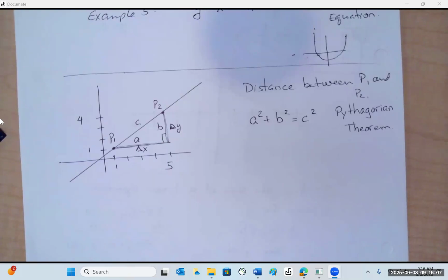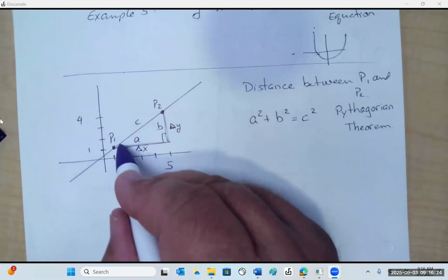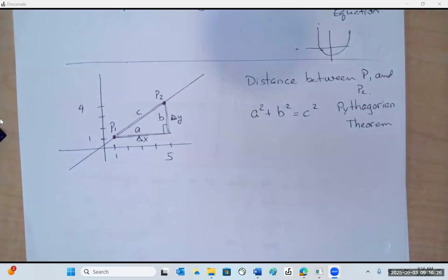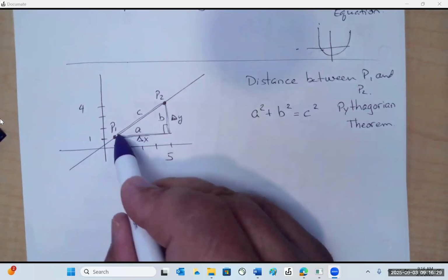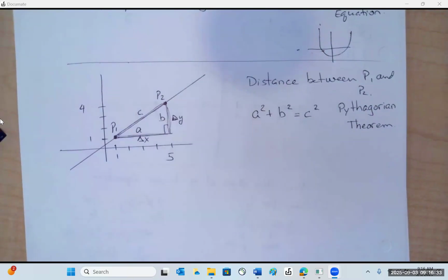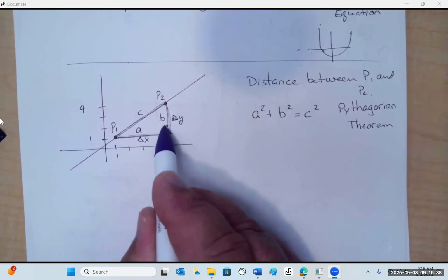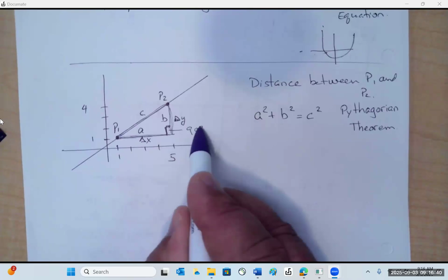Pythagoras was a Greek mathematician, lived about 300 BC on an island called Samos in Greece. What he realized was you can figure out the length or the distance in this case of the long side if you're given two shorter sides. And they have to create a 90-degree angle, a right angle.